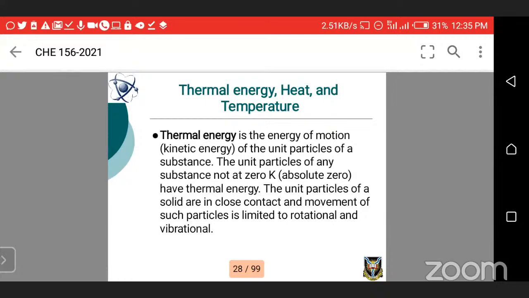The unit particles of any substance are not at 0 Kelvin, so they have thermal energy. The unit particles of a solid are in close contact, and their movement is limited to rotational and vibrational, because it's solid, so it cannot flow.